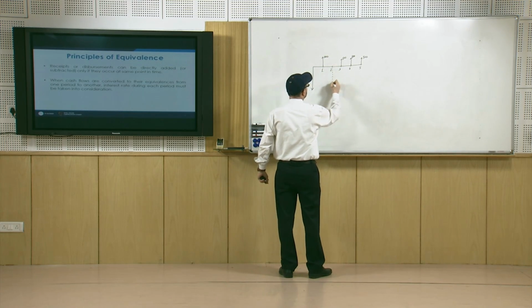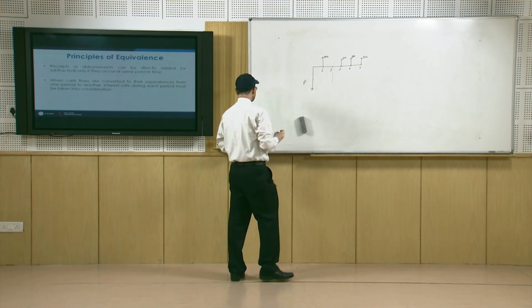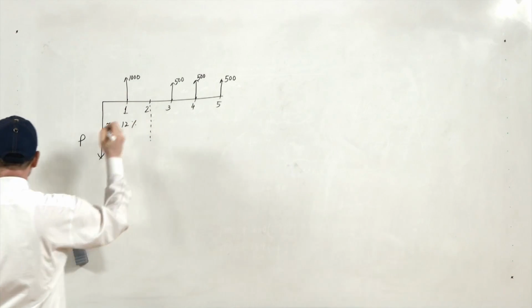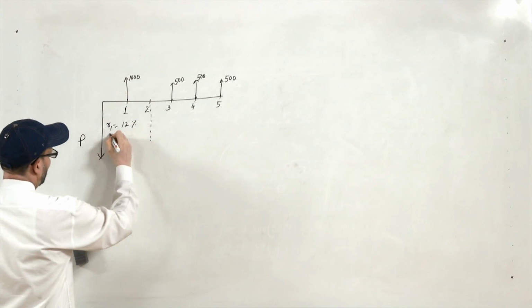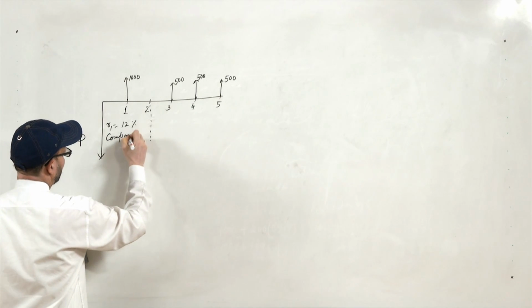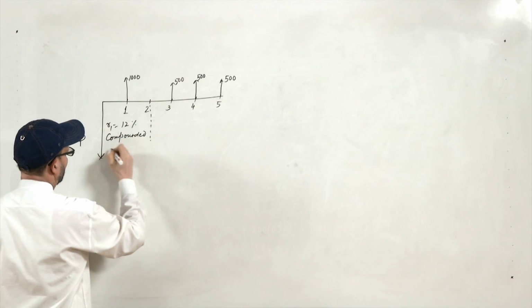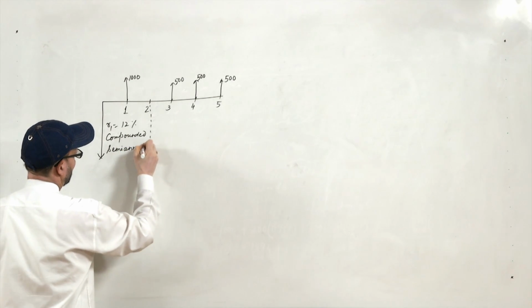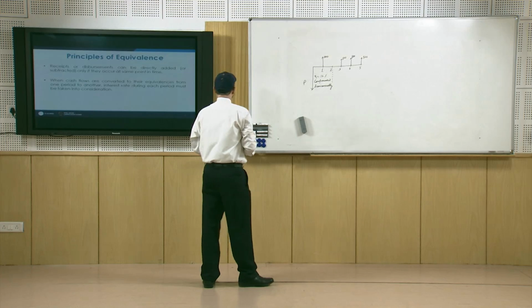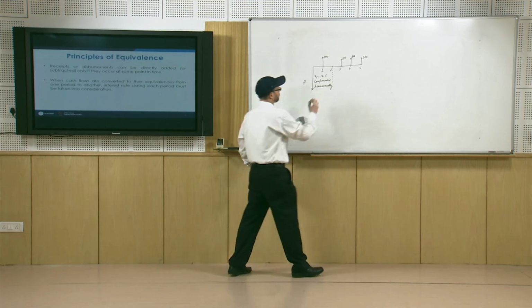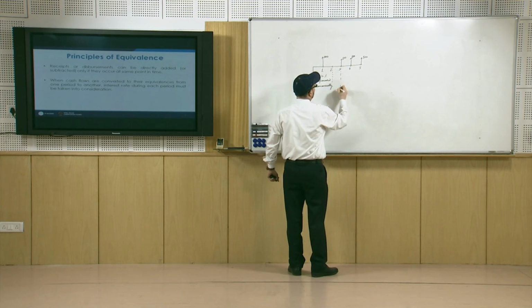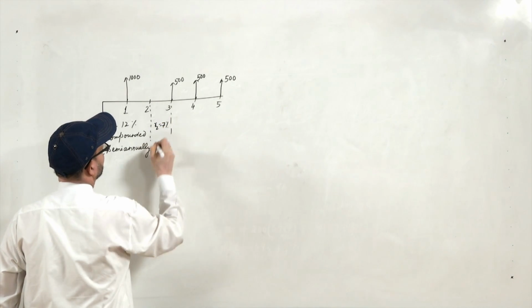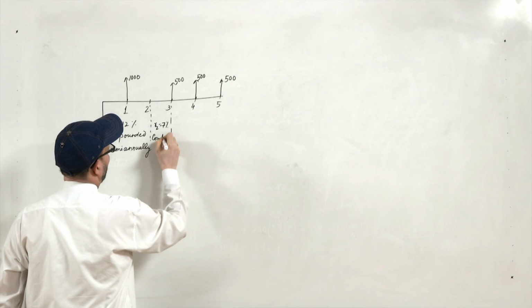The interest rate R1 is 12% compounded semi-annually between 0 and 2. Then between 2 and 3, it is R2 and it is 7% compounded annually.